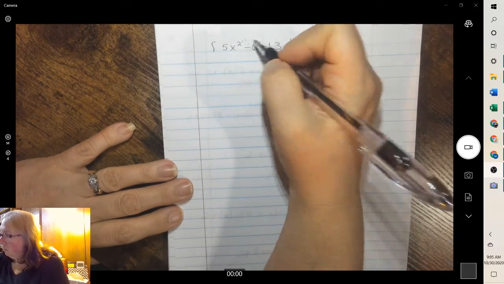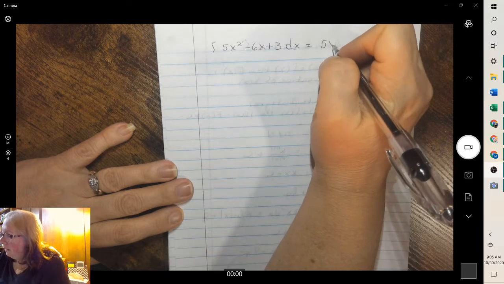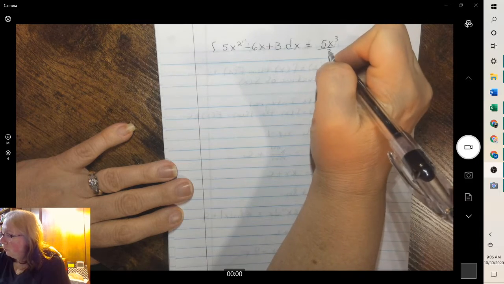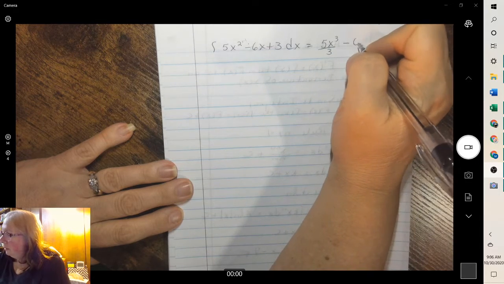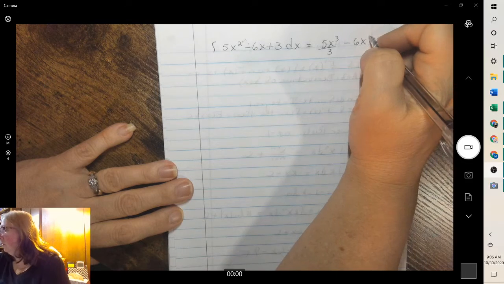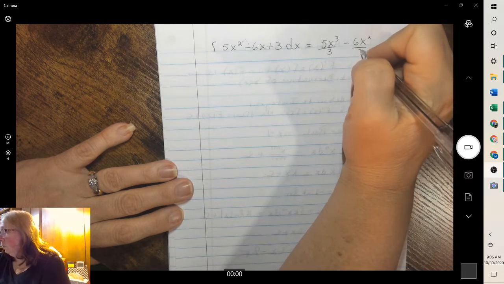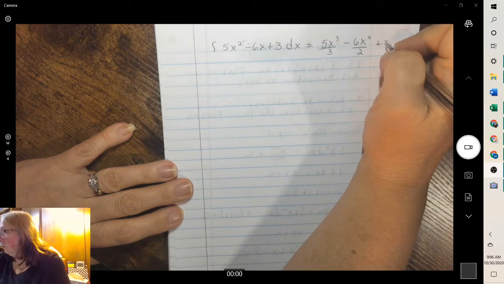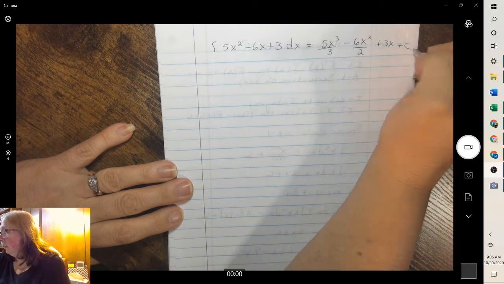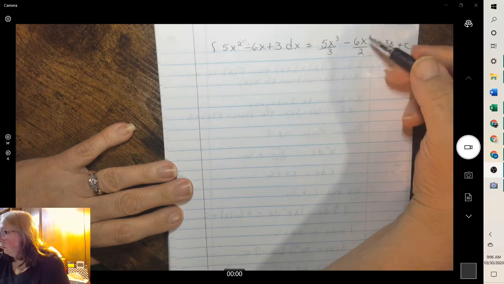So we're adding 1. 5x cubed over 3 minus 6x, we're adding 1, so it becomes x squared over 2 plus 3x plus c. And this one can reduce.